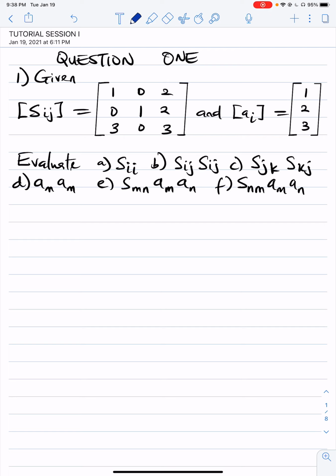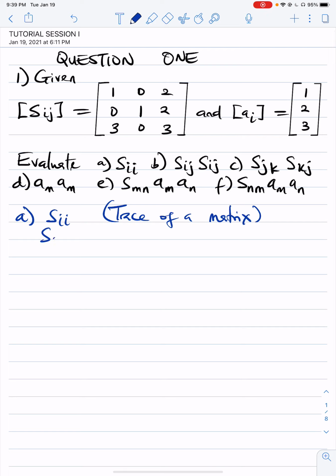So the first problem, Sii. If you can remember, Sii we've learned before. When we talked about this double index, we referred to the trace of a tensor or a matrix, right? So the sum of the diagonal elements.